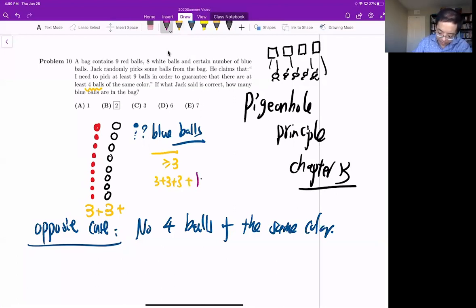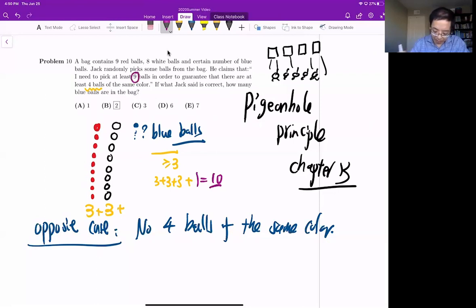Then you need to pick 10 balls in order to guarantee 4 balls of the same color. But here he says he just needs 9 balls.